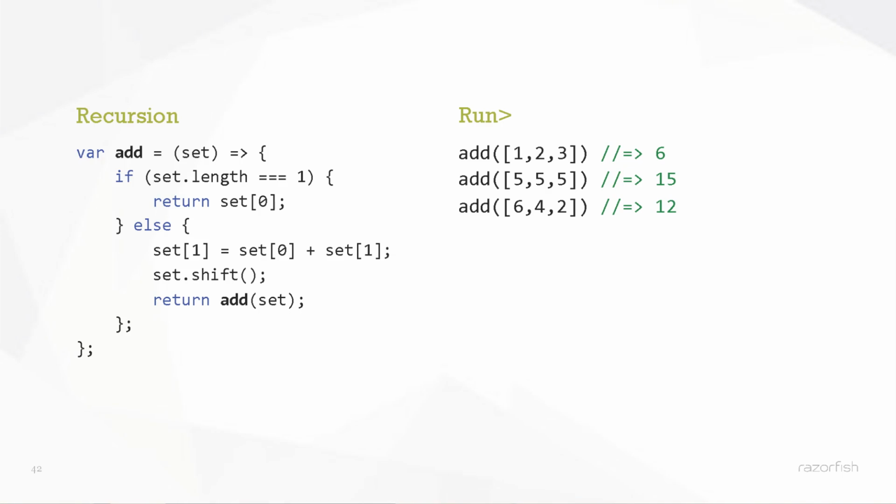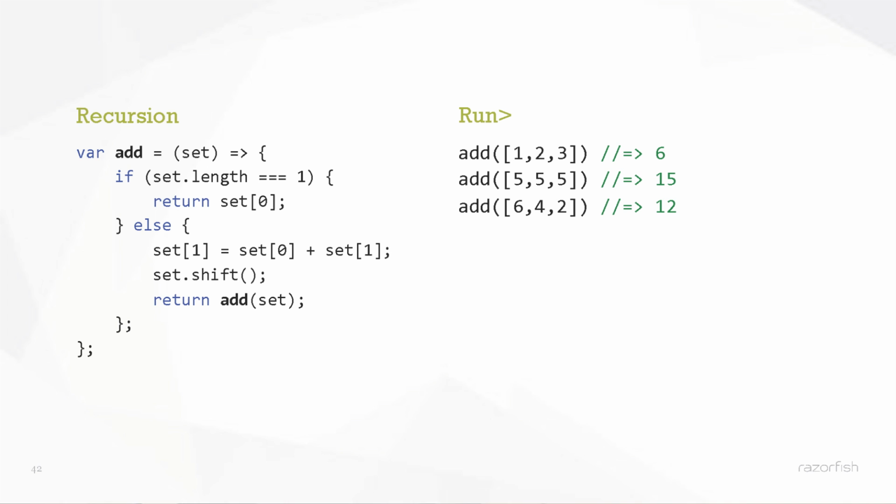So here is an example of a recursion. I'm defining a function here that can add a set of numbers. Basically, I check first to see if my array is only one value, I'll just return that.